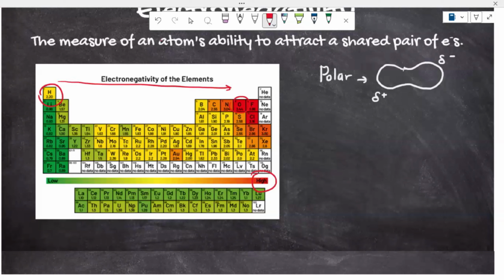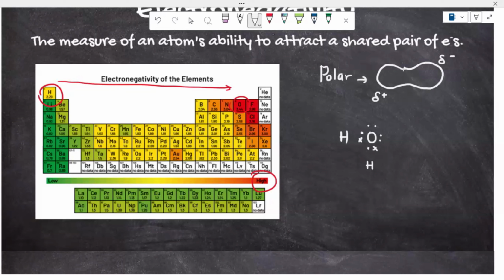So again, if we take water as an example, these are bonding pairs. These are shared pairs of electrons, right? But because oxygen has a higher electronegativity, that means that the electrons will actually stick closer in proximity, literally in distance.